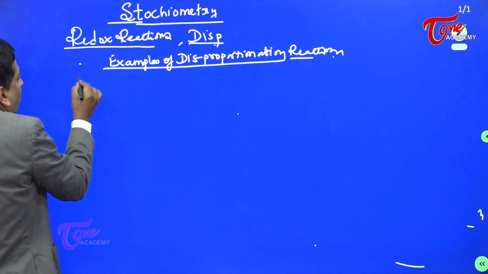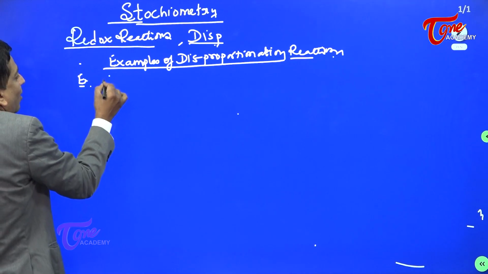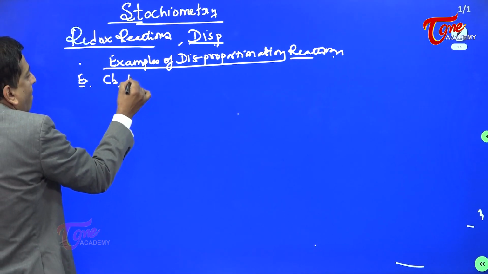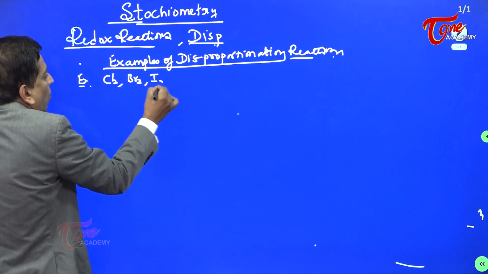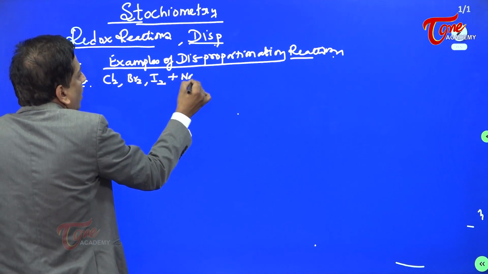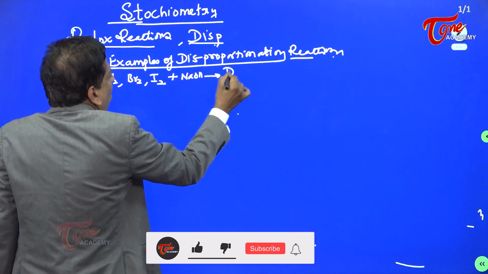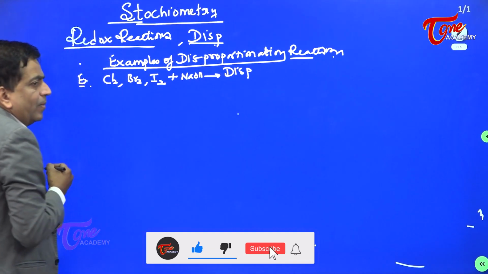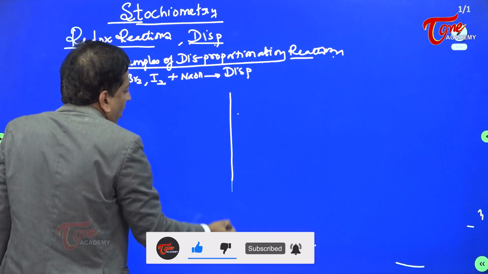The best examples would be chlorine, bromine, and iodine with NaOH. They all undergo disproportionation except fluorine.